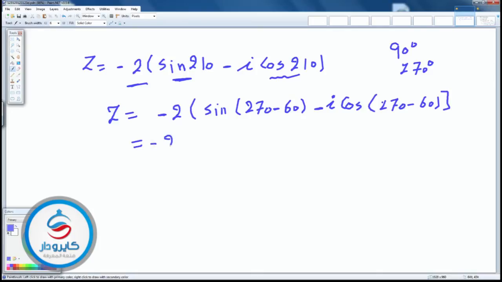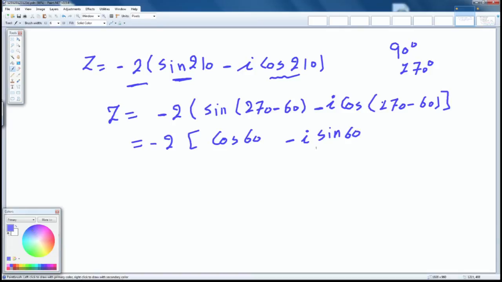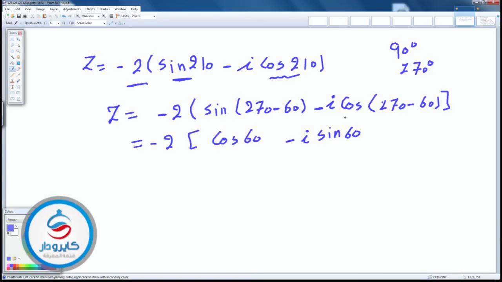It will be negative 2, yes, cosine 60 minus i sine 60. طيب دي هتبقى ايه؟ هتبقى بوزيتيف. ليه؟ عشان كوزاين 270 ماينس ده في الثيرد كواد. الثيرد كواد هو مفتان but this is cosine, it will be negative. Negative times negative equals positive. So now we get cosine in its position, sine in its position.